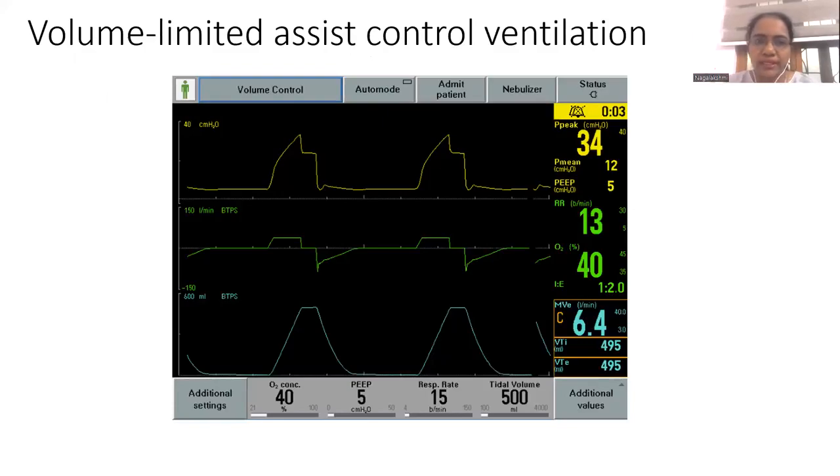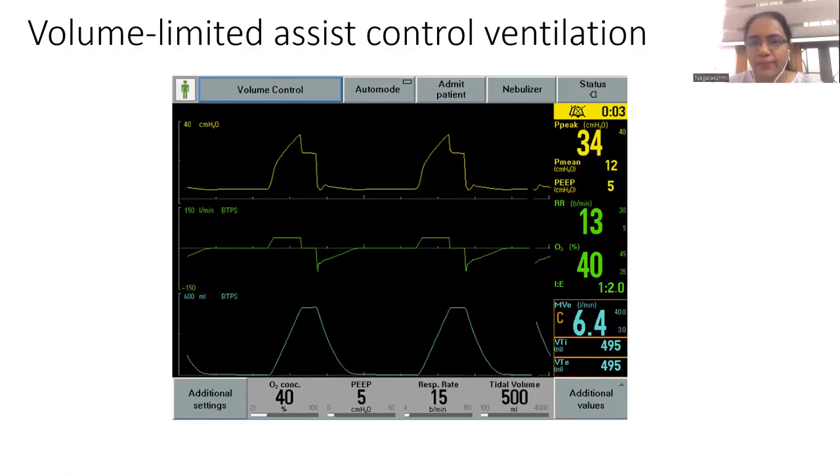So now this screen shows you how volume control ventilation works. Here in the volume control ventilation, we set up oxygen concentration, a peep, a respiratory rate and a tidal volume. This tidal volume is fixed at 6 to 8 ml per kg. The side panel shows the patient parameters.